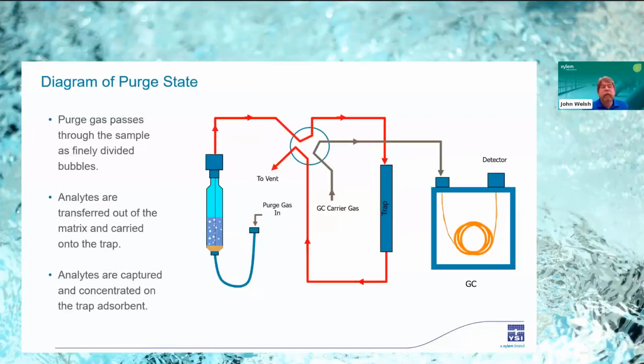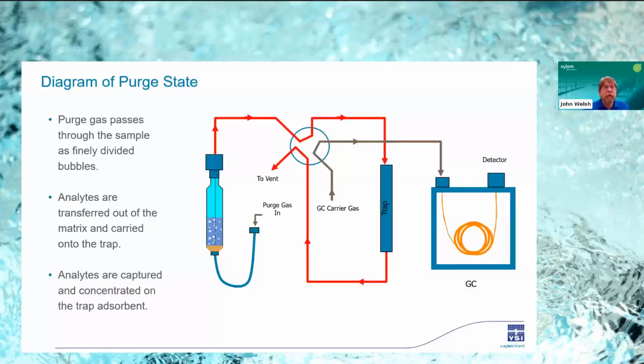So quickly, how does a purge and trap work? Purge gas goes through a sample, creating finely divided bubbles which liberate the compounds out of solution. They're transferred out of this water matrix onto the trap, and they're captured and concentrated on the trap.